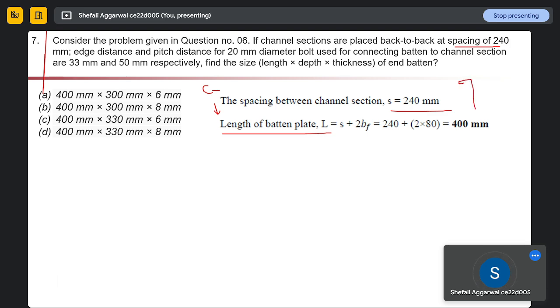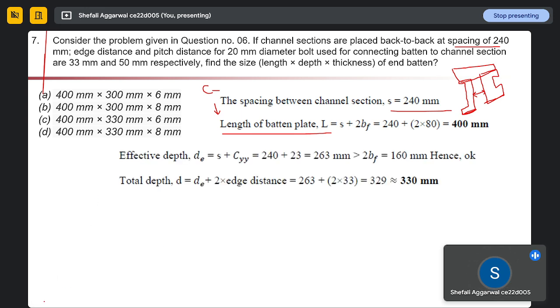If this is our channel section, this spacing is given to us, 240, and overall length of batten will be this much. So length of batten will be 240 plus 2 times the width of flange. So this is already given to us. So we can calculate the length of batten plate as 400 mm, right?